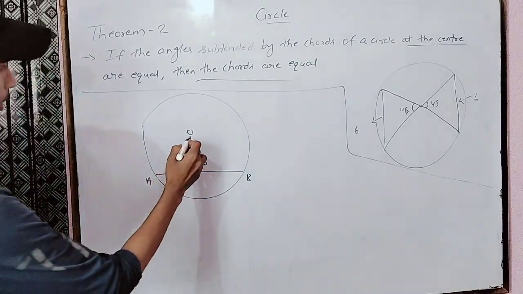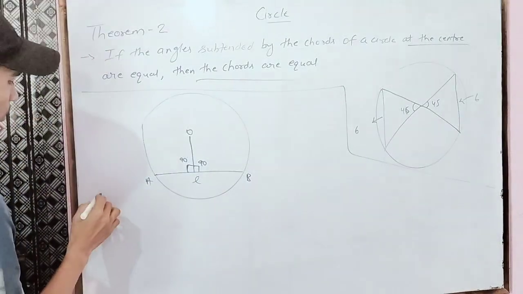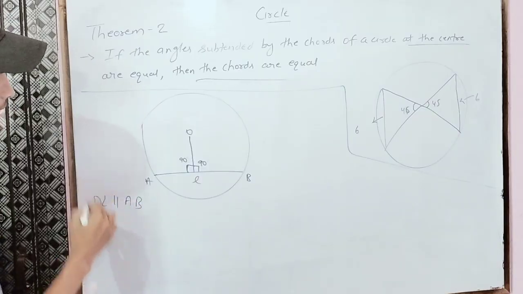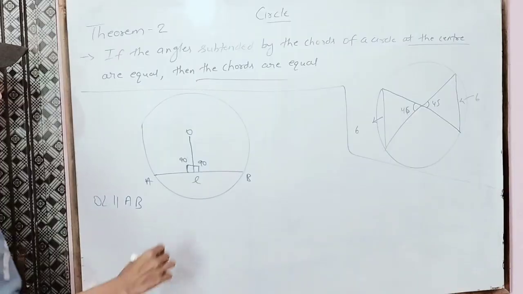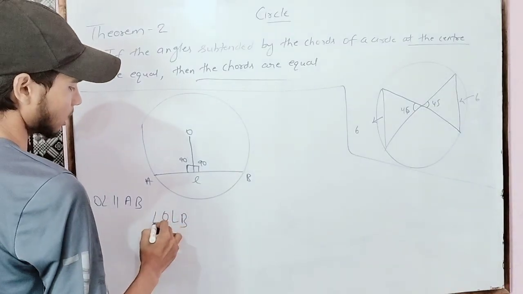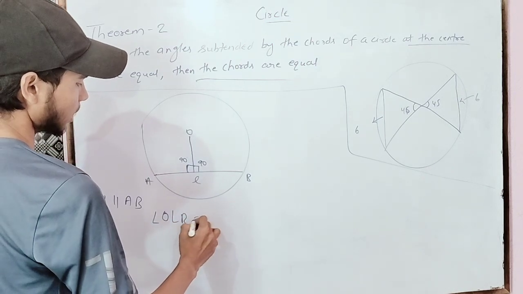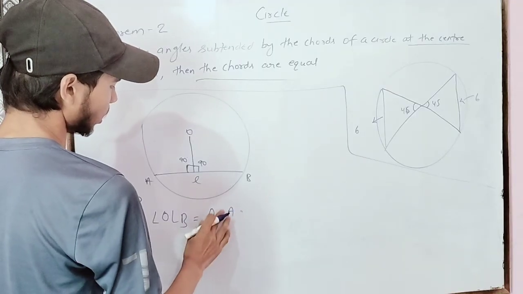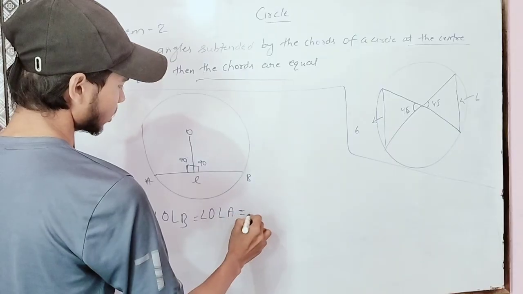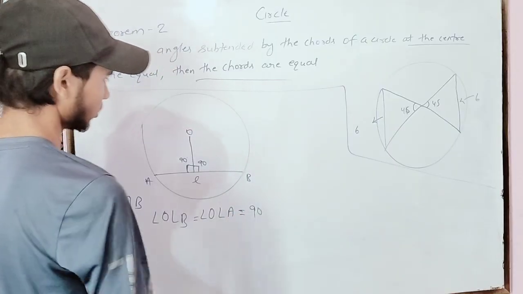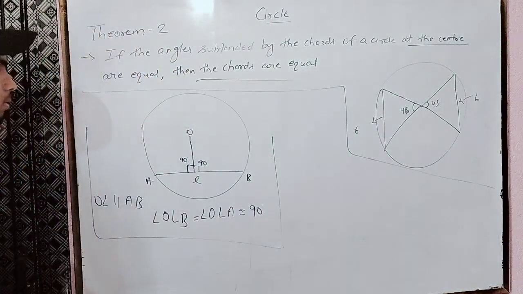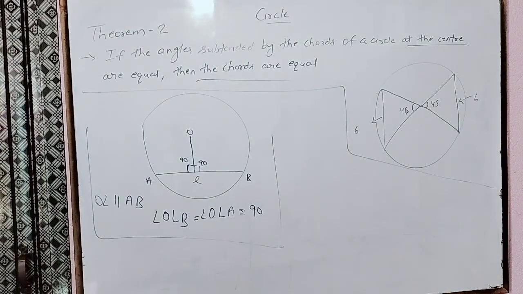Here you can see OL is perpendicular to line AB. So angle OLB is equal to angle OLA is equal to 90. Clear? This was what we had to study.